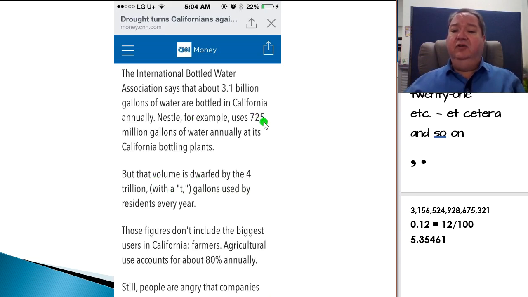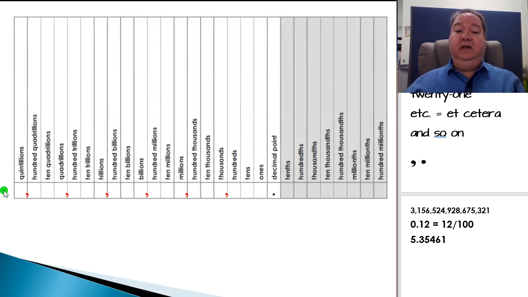This 725 million gallons looks tiny compared to 4 trillion with a T. Those figures, those numbers, don't include the biggest users in California, farmers. Agricultural use accounts for about 80% annually. Agricultural, farming use.